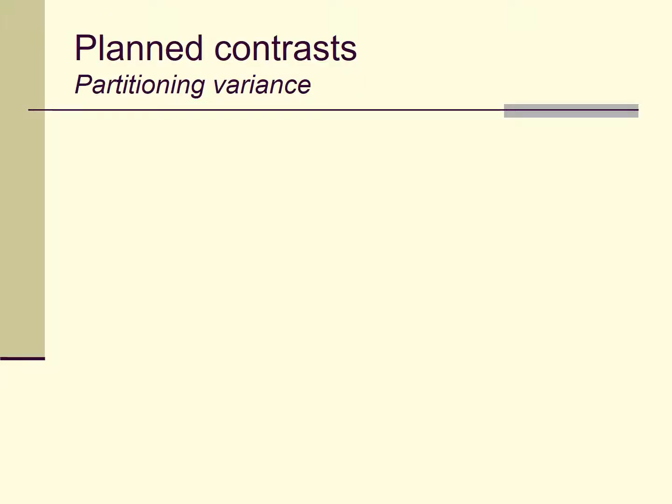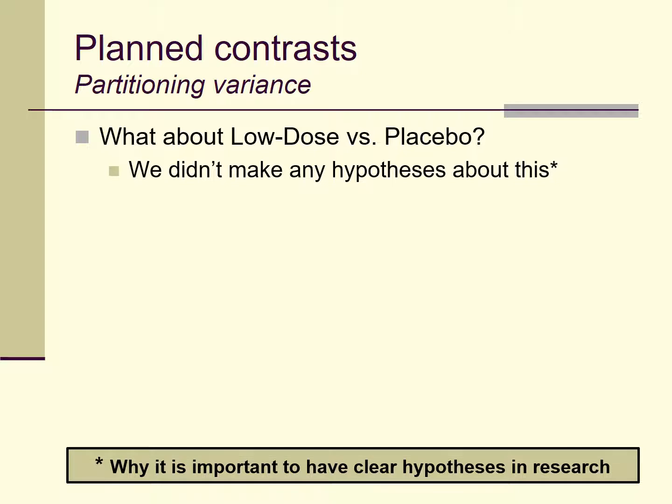Now, if you're paying close attention, you might be wondering, well, what about comparing the low dose group to the placebo dose group? That didn't occur in any of the previous contrasts, and it didn't occur because we didn't make any hypotheses about that difference. Again, this is one of those other reasons why it's good to have clear hypotheses. Maybe in this case we didn't really care if there was a significant difference between the placebo dose group and just the low dose group.